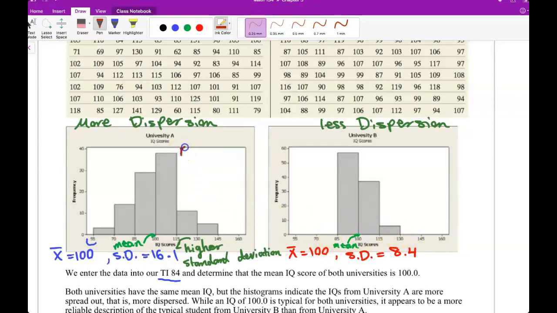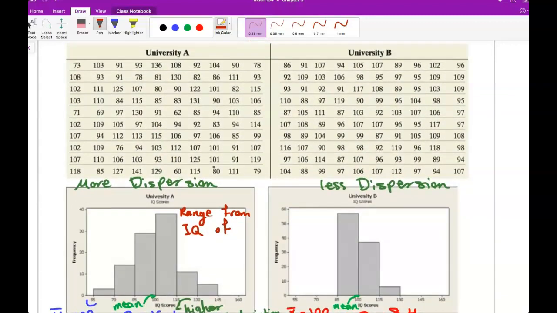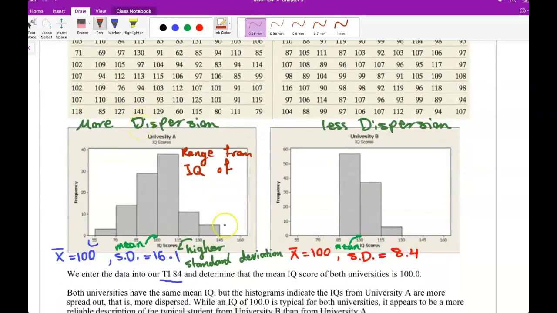So on this part the range is from IQ scores of 55 to 145.